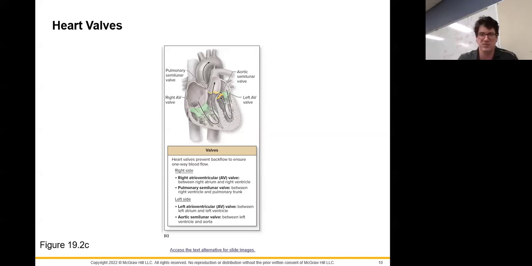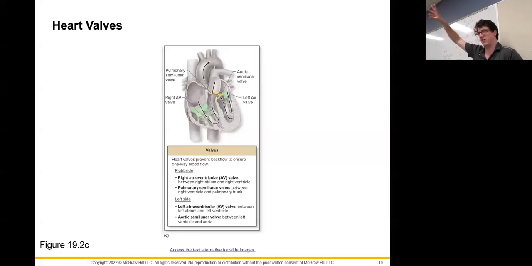We have some little cords attached to these valves, or to the flaps of these valves, to prevent them from being able to move the opposite direction. That's very important because the atria are going to push with a little bit of force on these valves, but the ventricles are going to push with a lot, okay?